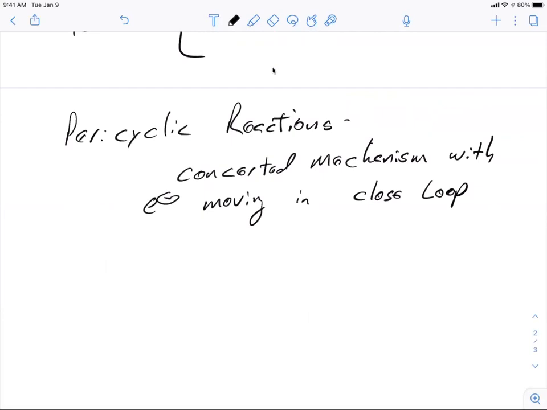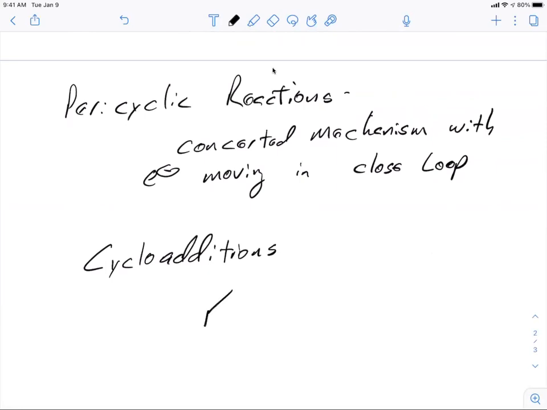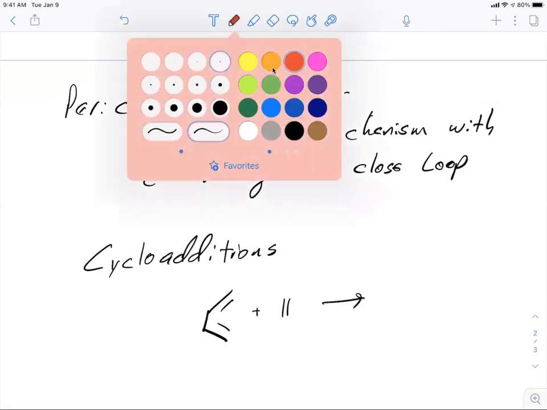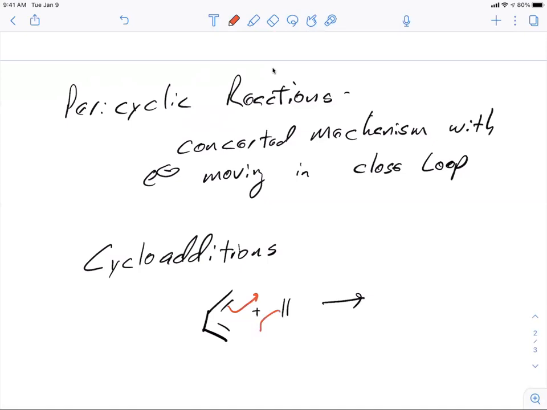We have several main types of these, so cycloadditions. That's going to be the one that we actually focus on the most. In cycloadditions, our electrons move in a circle, and we're actually adding. So now we've added those two molecules to make one molecule. So cycloadditions.